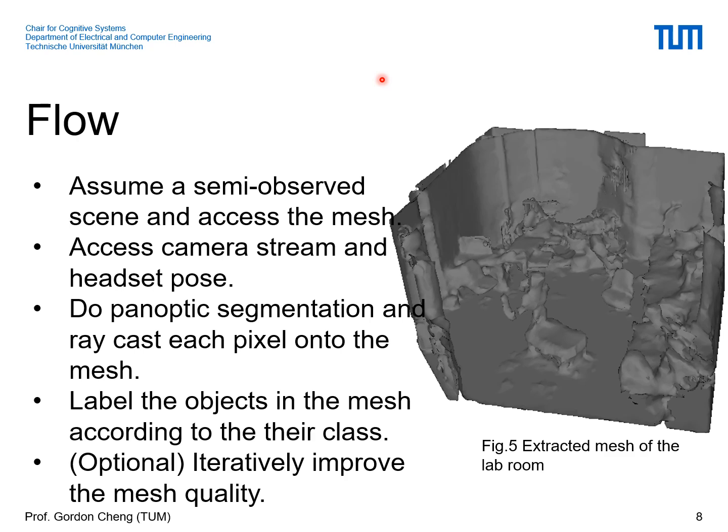According to the RGB data and our current localization position, we do semantic panoptic segmentation, and we raycast from each pixel onto the mesh, and we label the mesh with color encoding according to the class of the object which we segmented.